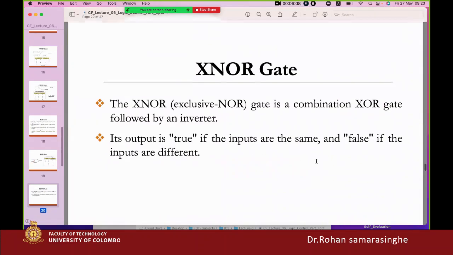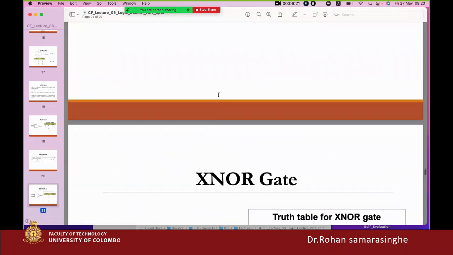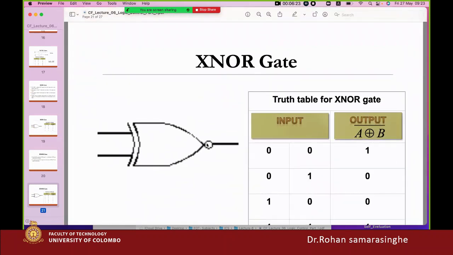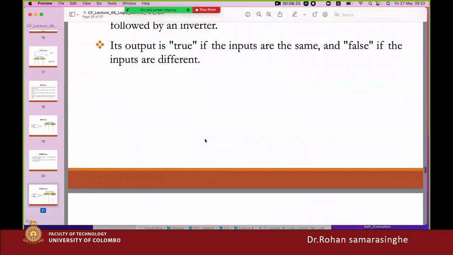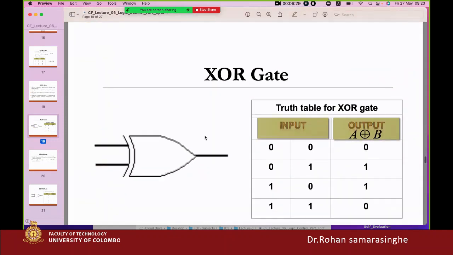XNOR gate, exclusive NOR gate, is a combination of an XOR gate followed by an inverter. XOR gate followed by an inverter. That's why we put this one. So understand the difference. XOR gate: if both inputs are the same, the output is 0, otherwise the output is 1.